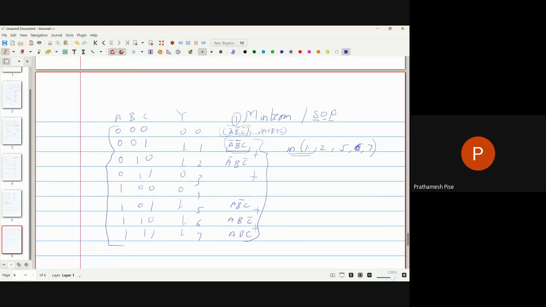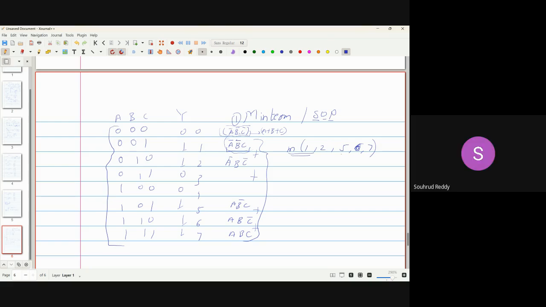Not these 1, 2, 5, 7. If you invert them, you won't get the max term. You will get POS, because inverting this will create a product of sum, but that won't be the max term. So you have to do it for the ones that are not present in this min term.